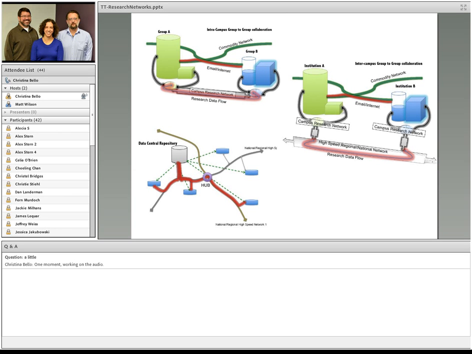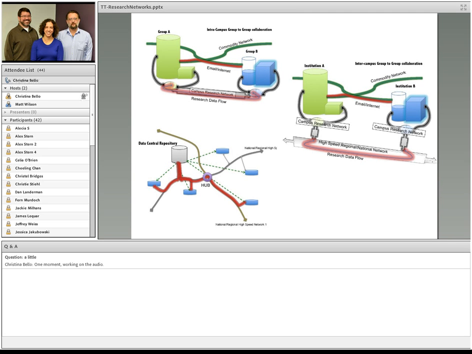Now, these main superhighways of regional or national networks sometimes intersect on hubs, let's say the Chicago region, and that allows data to seamlessly pass from one communication path to the other.